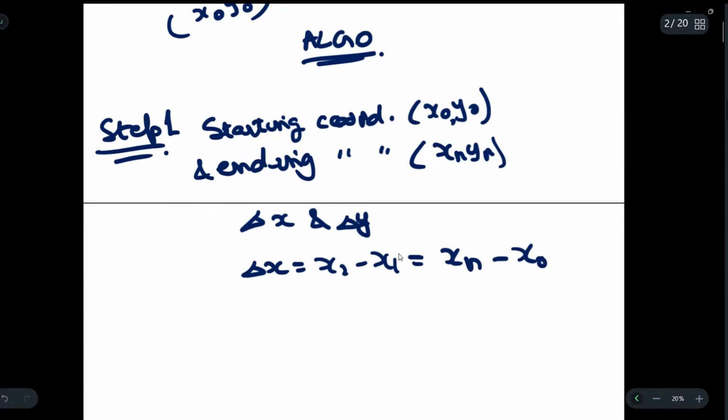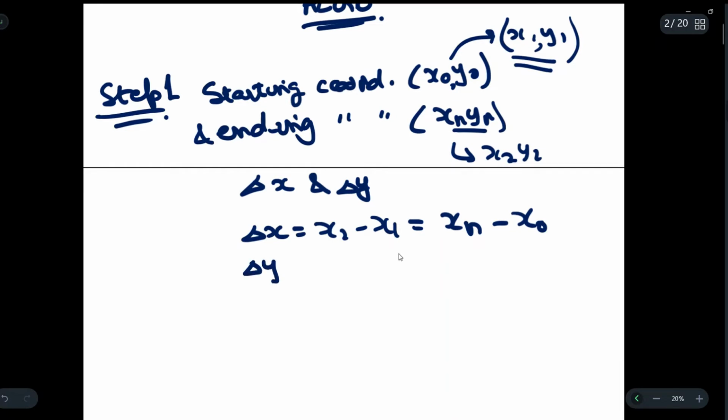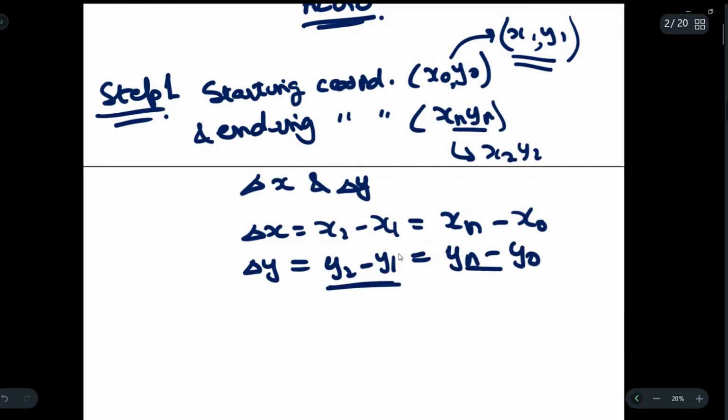Suppose this is x2 y2 and this is x1 y1. You can take either x1 y1 or x0 y0, or x2 y2 or xn yn. Similarly, we will get delta y as y2 minus y1, or we can also write it as yn minus y0. So you can consider any one that you want to.